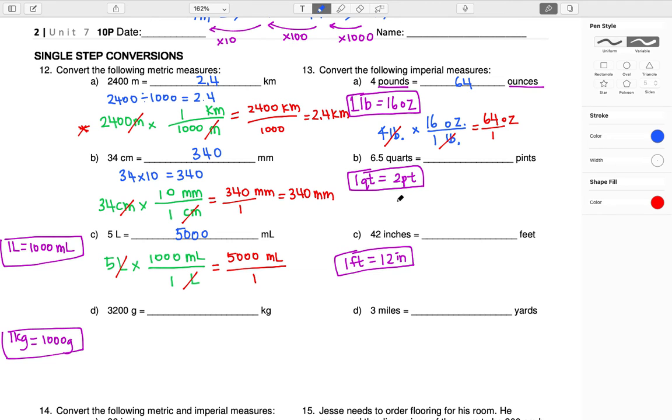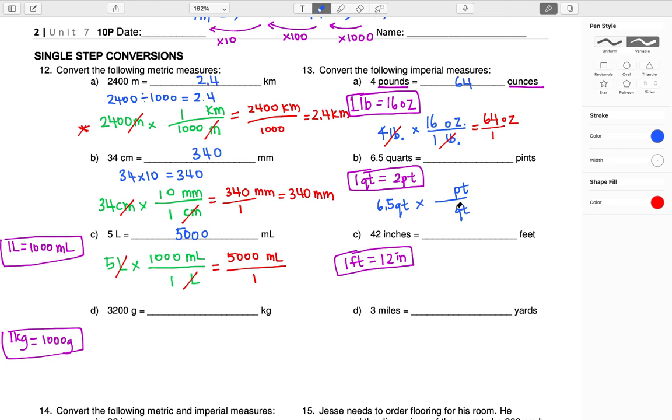Let's try the next one, letter B. We're given 6.5 quarts. And quarts has to be at the bottom. And we're looking for pints.